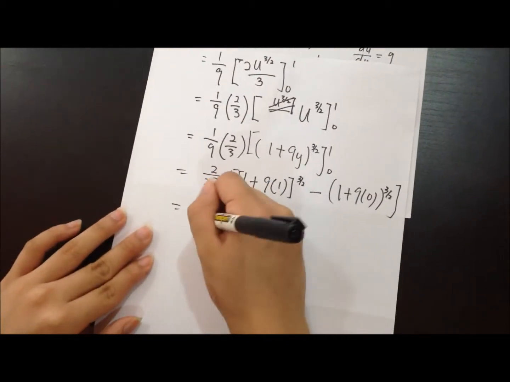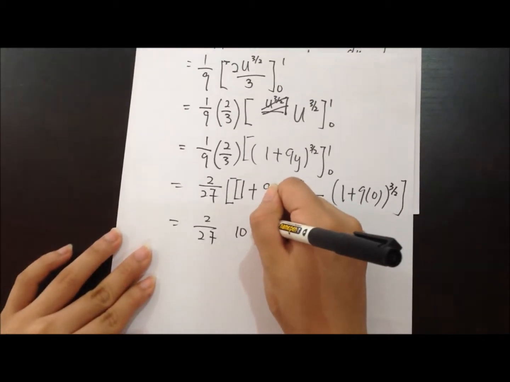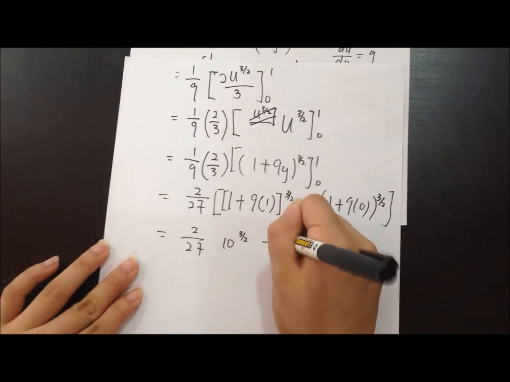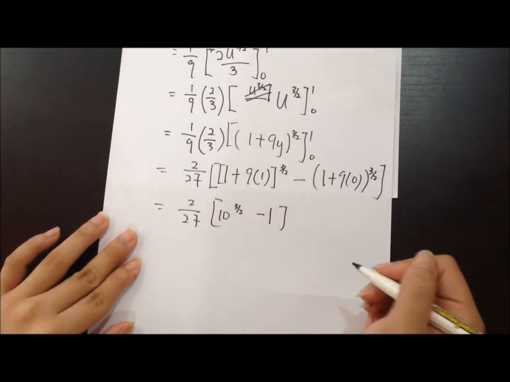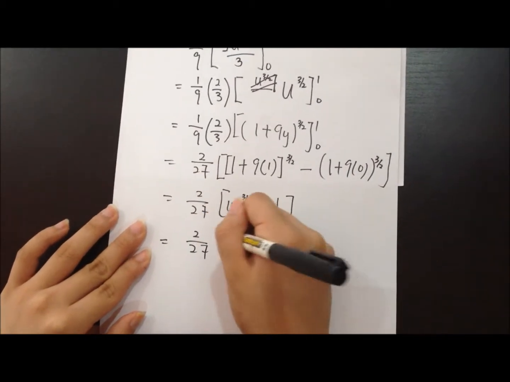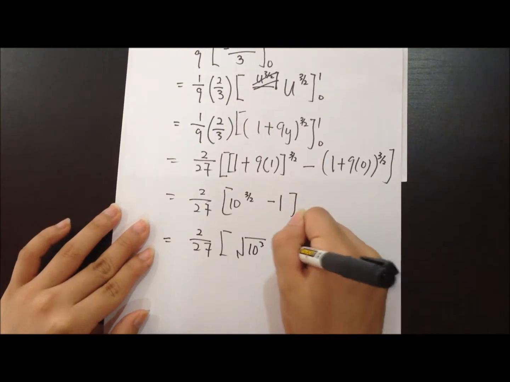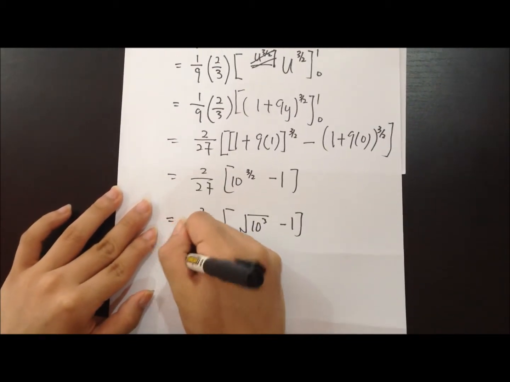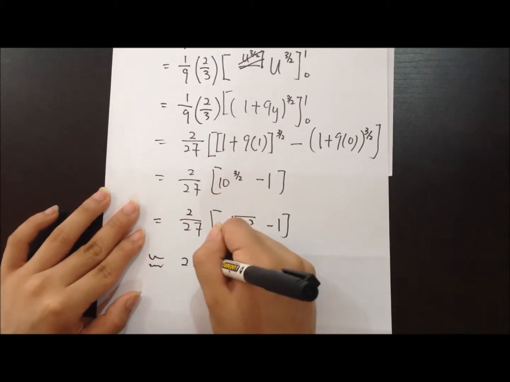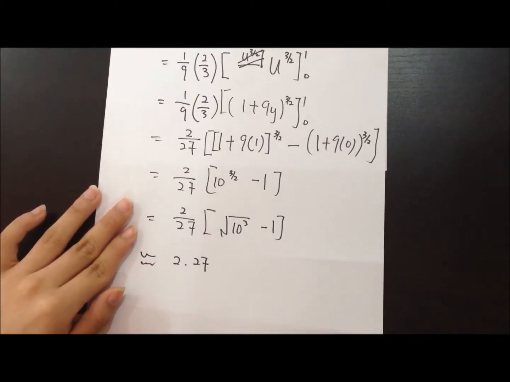So after simplifying it, we will get the answer 10 to the power of 3 over 2 minus 1. Okay, now we continue, then we will get the answer 10 to the power of 3 minus 1. So the answer is almost 2.27, which is the arc length.